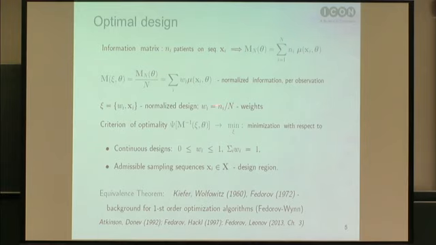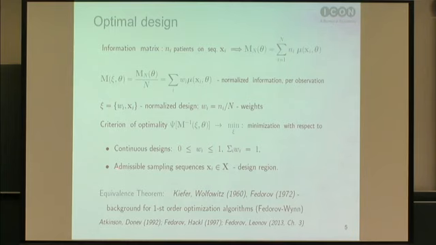We select a particular criterion of optimality. We try to minimize it, and minimization is with respect to, in this case, a continuous design, so the weights are allowed to vary continuously, and they have to sum up to 1. And then we have to define the design region, where we can take samples. This is the design region X, or admissible sampling sequences.